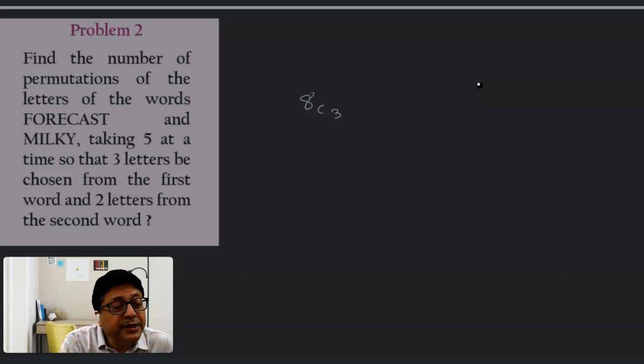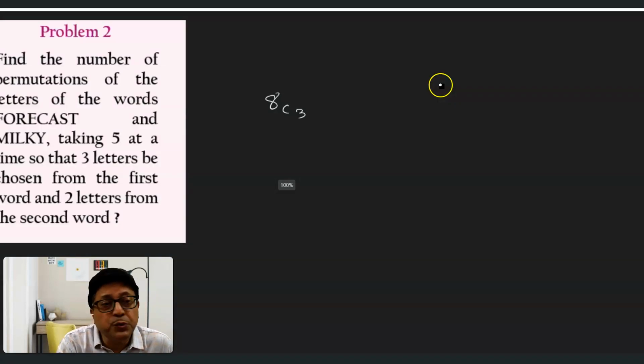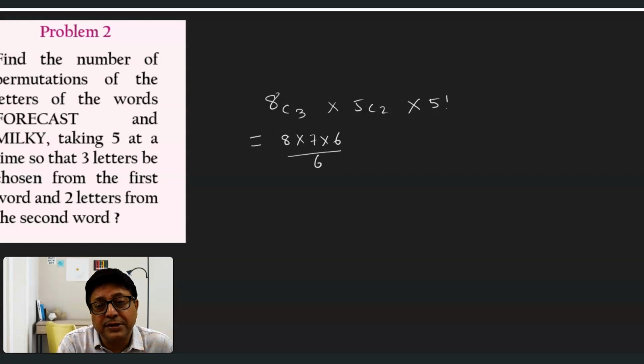And in the letters of the word milky also, there are 5 distinct letters, so 2 can be selected in 5C2 ways. This is the total number of selections. And you need to form words, so you have to multiply this by 5 factorial. Just find the value of 8C3: 8, 7, 6 by factorial 3, that is 6, and 5 into 4 by 2, again multiplied by 120.